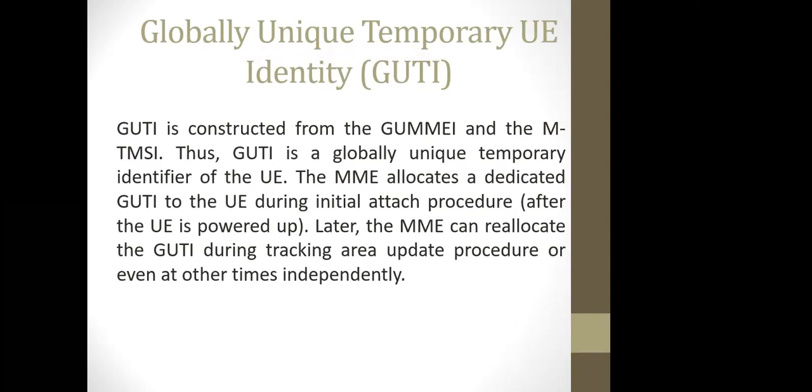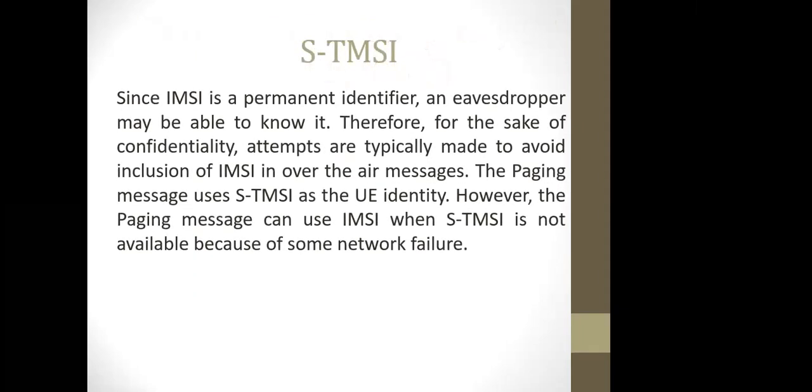GUTI can be allocated when you first power up, so that is initial attachment with the network. Also, when you go to some other area or even at your own place, after some time period, at some regular intervals, GUTI will be reallocated. So since IMSI is a permanent identifier, as I said, this S-TMSI is used in the over-the-air messages.